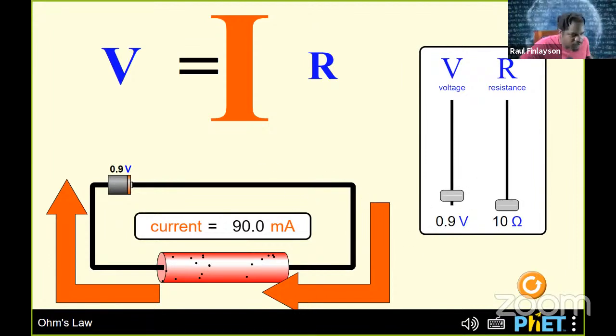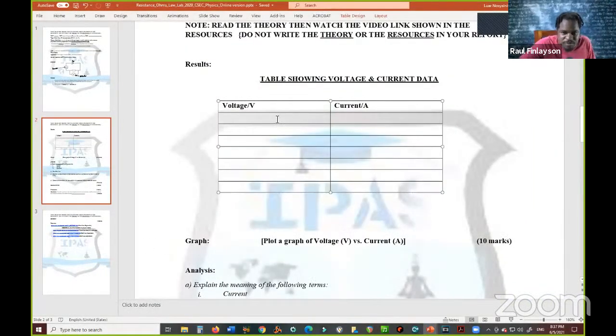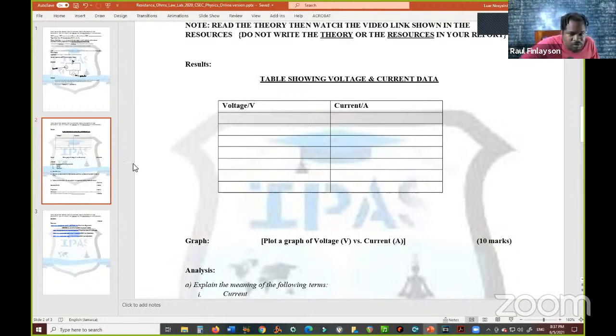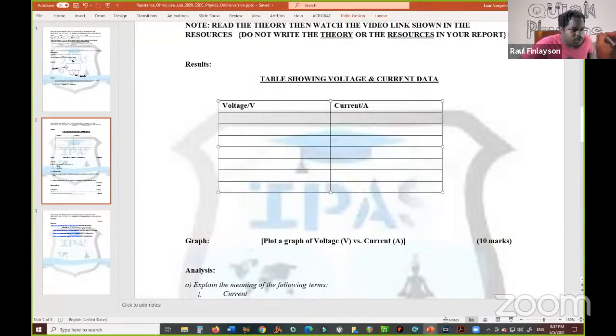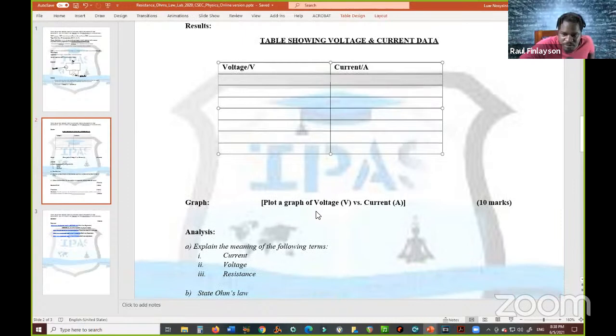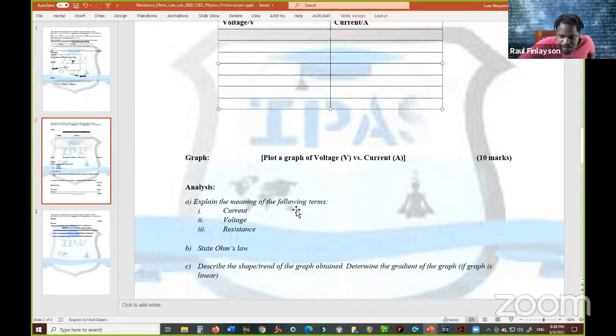Let me switch over to the other screen and show you what's happening. So you see this table here, guys? Yes. So you're going to use the same app that I sent in the group and use different voltage values and record the responding current. You're going to plot a graph and see if you get a straight line and answer these questions.